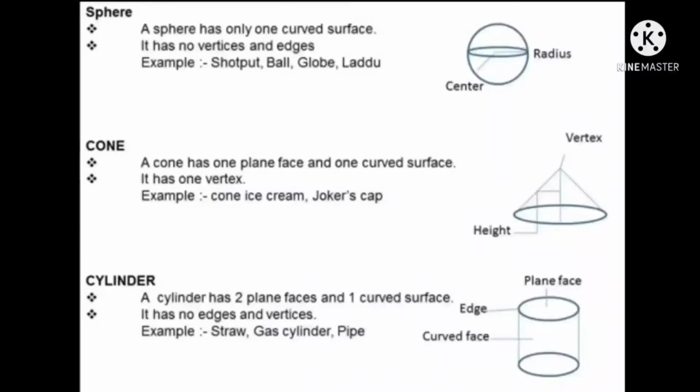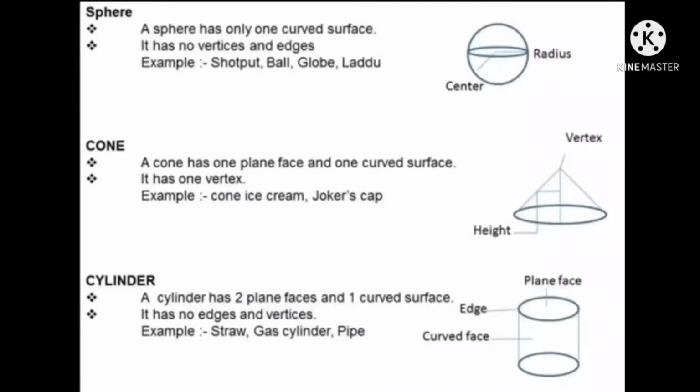Cone. A cone has one plane face and one curved surface. What is the one plane face? It is a circle. It has one vertex, one corner. Examples: cone ice cream and joker cap.